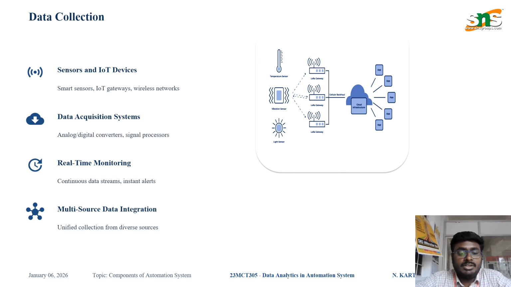Without good data ingestion, everything will fail. In an automation system, data primarily comes from sensors and IoT devices, like smart sensors embedded in machines, IoT gateways that aggregate the data, and wireless networks for transmission. We also use a data acquisition system, that is DAQ, that includes analog to digital converters and signal processors to capture the signals accurately.